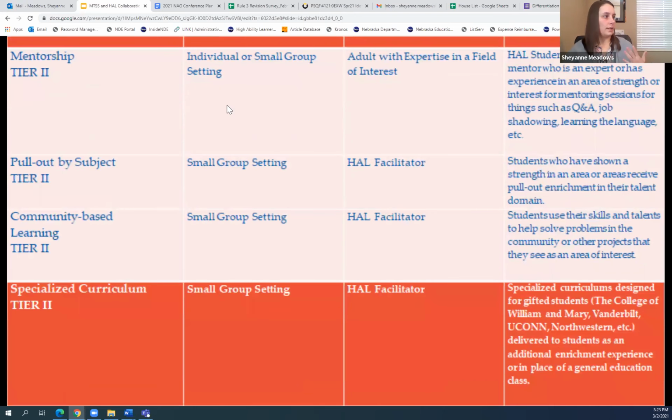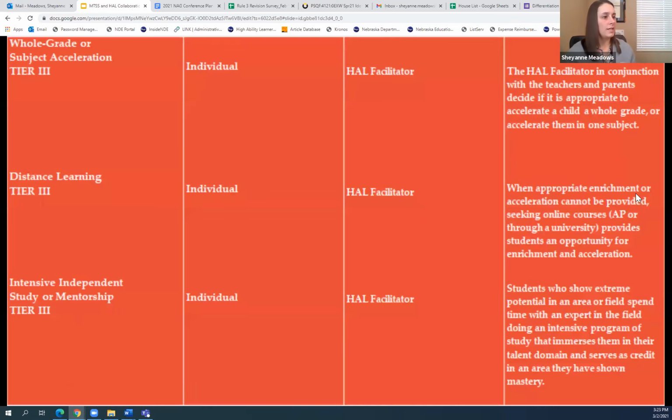As we move up, again, we see that most of these tier 2 services are going to take place in a small group setting with a HAL facilitator or somebody who is trained. And that is another example, that pull out by subject. We see that a lot as a program model where they do that pull out enrichment with their high ability learners. And then the very, very few students who may need these intensive interventions that are usually individual.